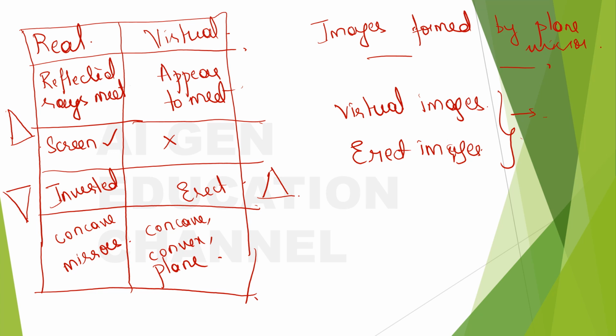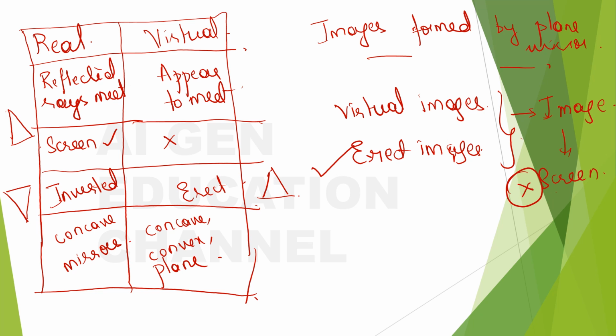The reflected rays appear to meet from a point. So you can say that the image formed here is not real. It means that it cannot be seen on a screen, and you can find it to be erect. So these are the properties of images formed by a plane mirror. Now you actually know the meaning of real image and virtual image, and everything is so clear, right?